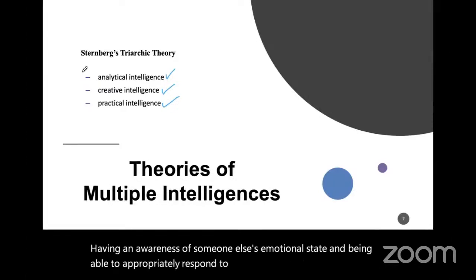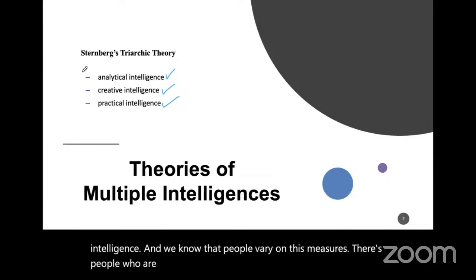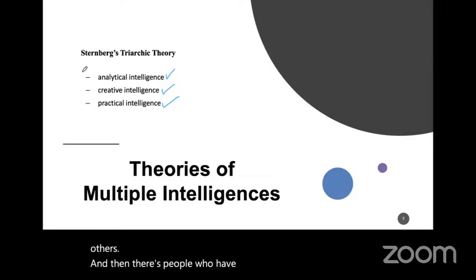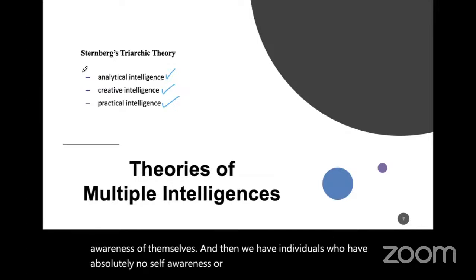That's called emotional intelligence. And we know that people vary on this measure. There are people who are incredibly self-aware, but have no awareness of others. And then there are people who have awareness of others, but very little awareness of themselves. And then we have individuals who have absolutely no self-awareness or awareness of others' emotional states.